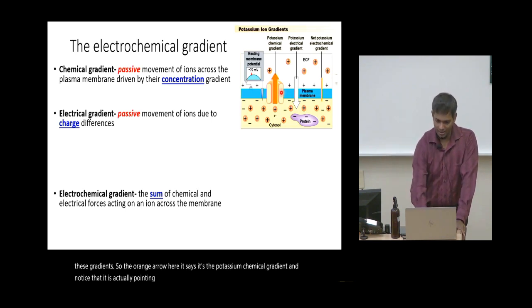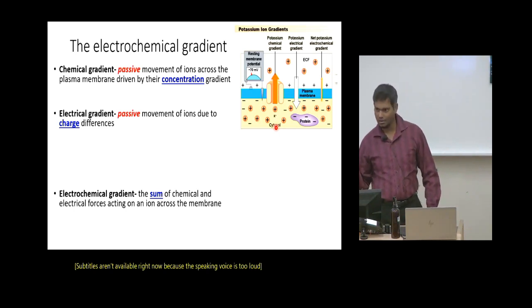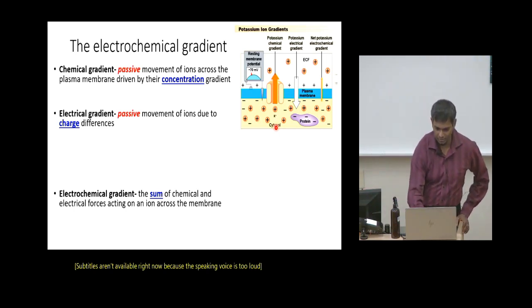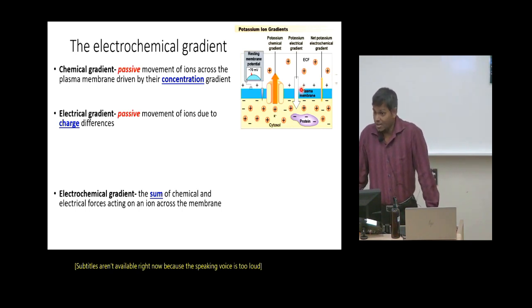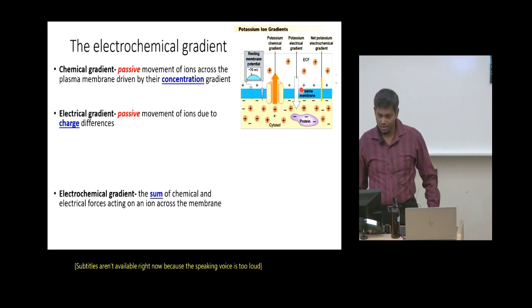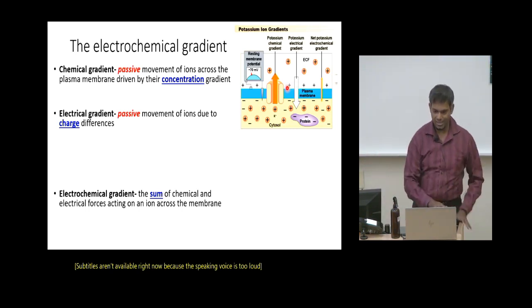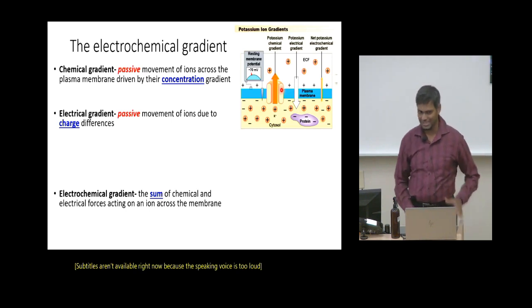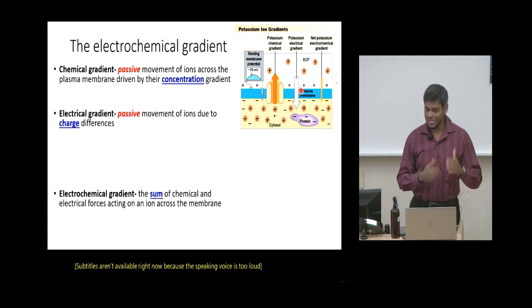It's saying that ions should move from inside the cell to outside the cell. Whereas this white arrow denotes the electrical gradient, and it's saying that ions should move from outside the cell to inside the cell. You'll notice that the orange arrow is slightly thicker than the white arrow, which means it's slightly stronger, and so they will almost cancel each other out.